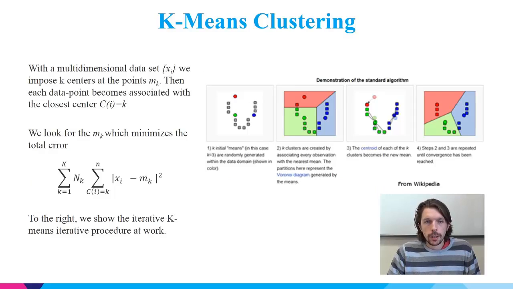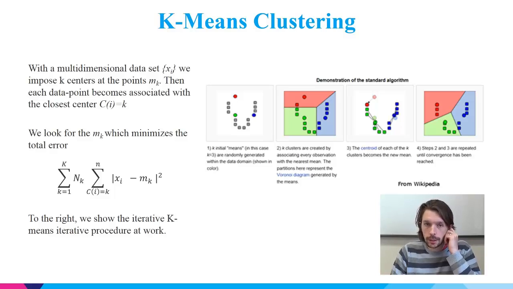Let's consider a multi-dimensional data set which has elements x_i. Each of these x_i has multiple features, so you can consider them as residing in a space which has a number of dimensions equal to the number of features. And you can also think of the distance between two of these data elements.